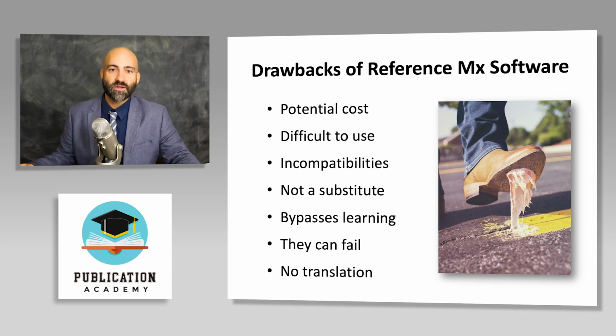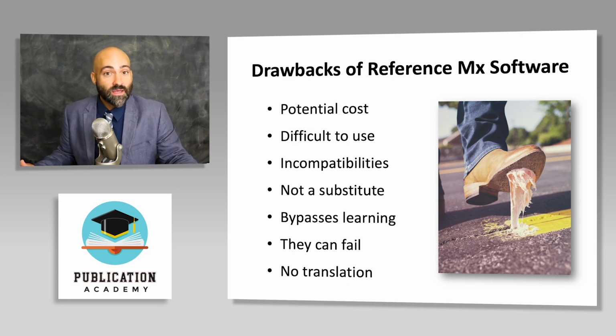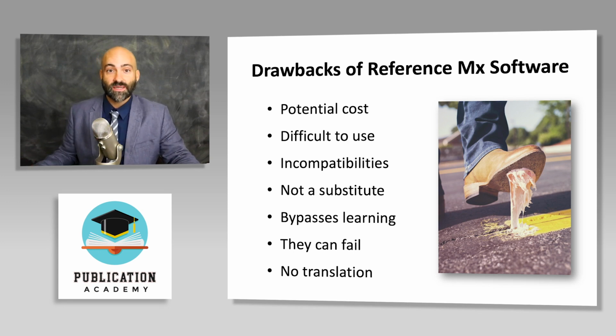So if English is not your first language, the software is typically written in English, intended for English language journals. They can work, and we will certainly discuss some options available for translation, but just be aware that this is not going to be a primary feature of these software packages.